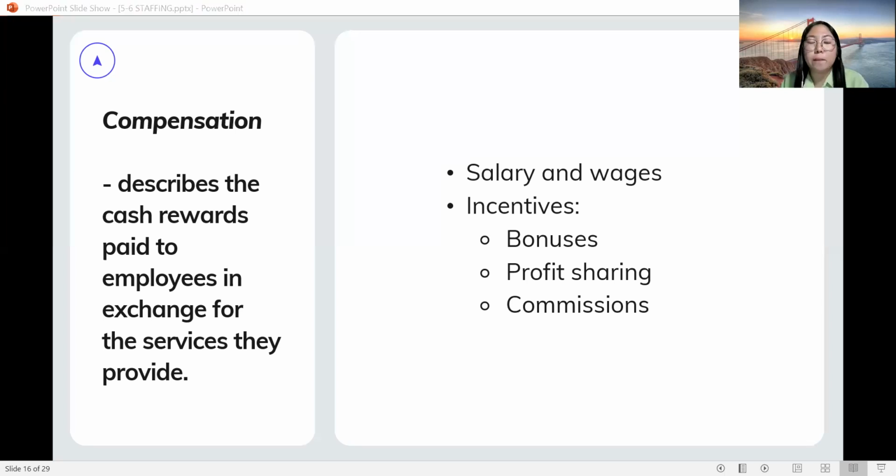So the total compensation includes the cash rewards as well as any other company benefits. Kapag salary and wages naman, this is yung fixed amount na binabayad sa atin in exchange of our work or employee services, di ba?